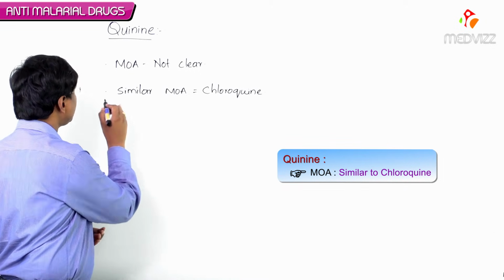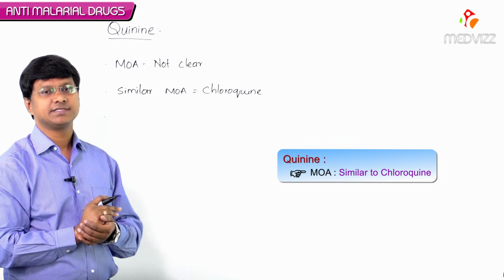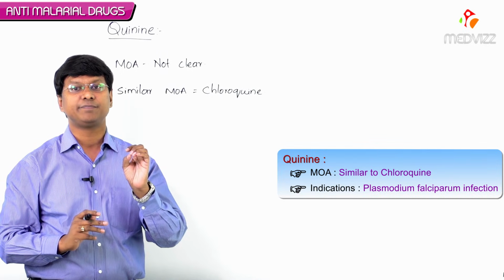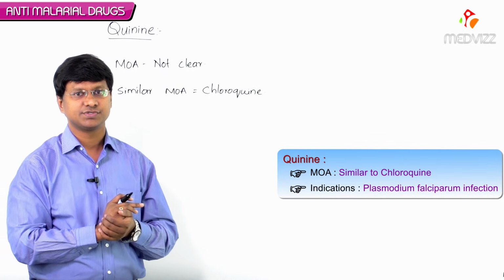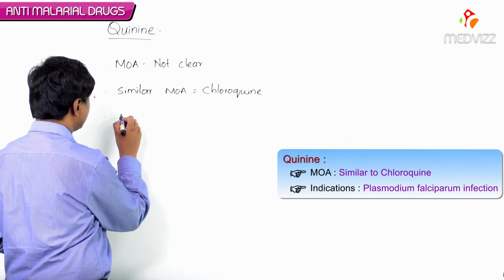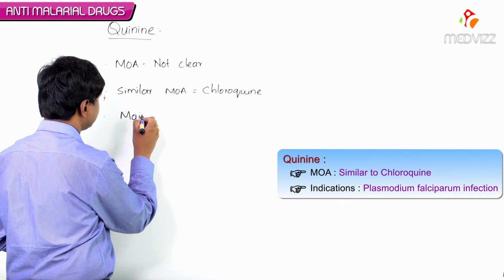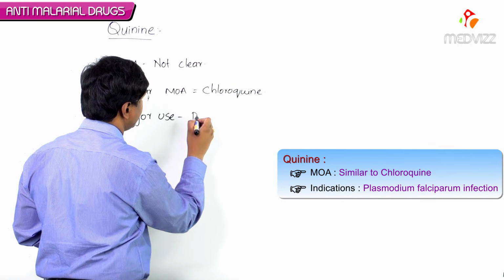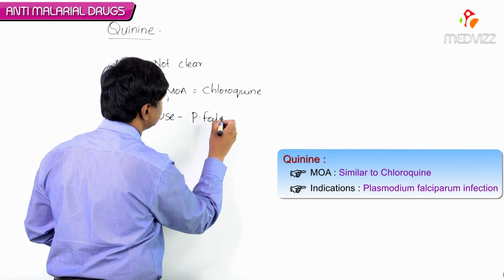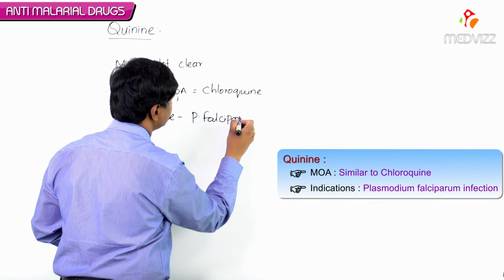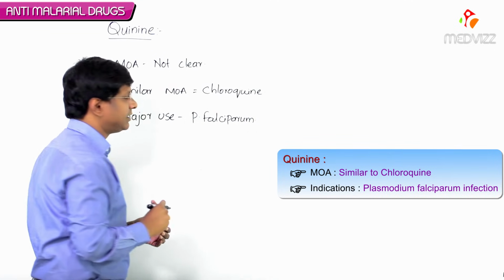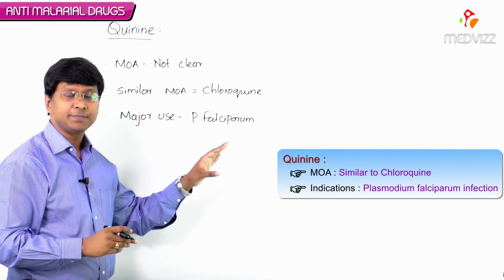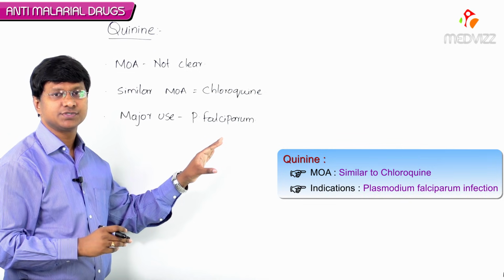Now the very important point about quinine is that its major use is in the treatment of Plasmodium falciparum infections. And which type of Plasmodium falciparum infections?